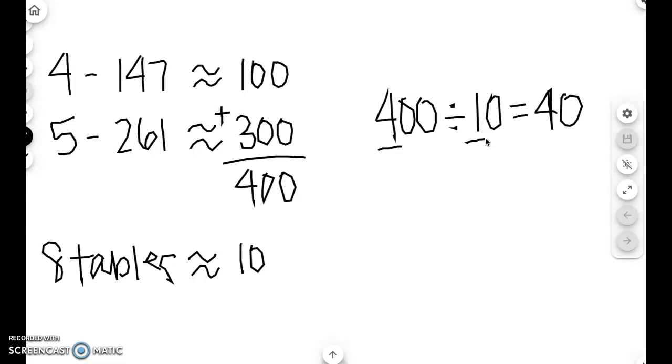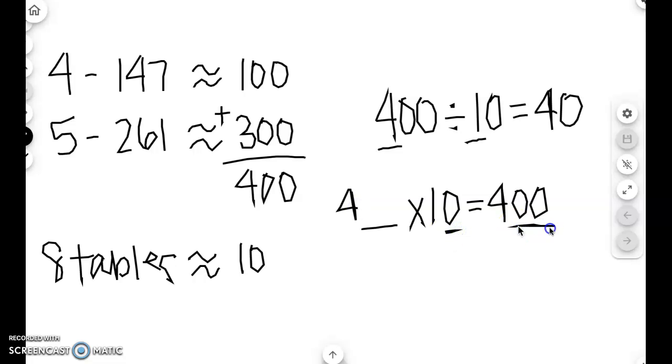We do this with the inverse operation, so what times 10 is going to equal 400. So the base fact would be what times 1 equals 4, which is 4, and then I already have a 0, so I need to add another 0 to give me the 2 zeros, so that's where we get the 40. So this 40 gets moved over there.